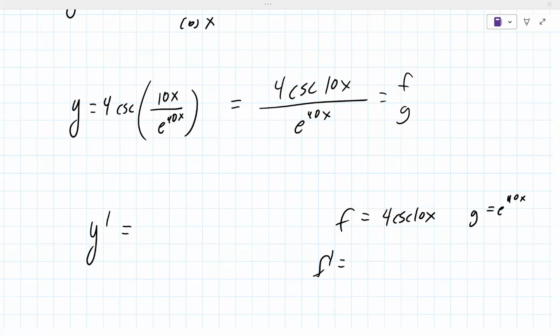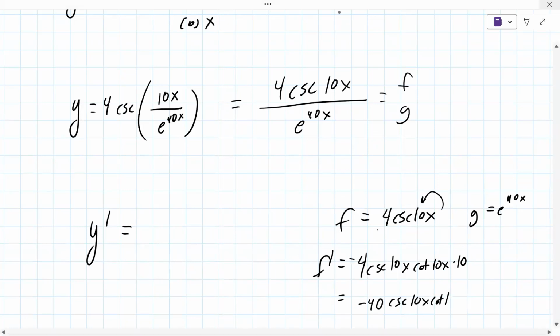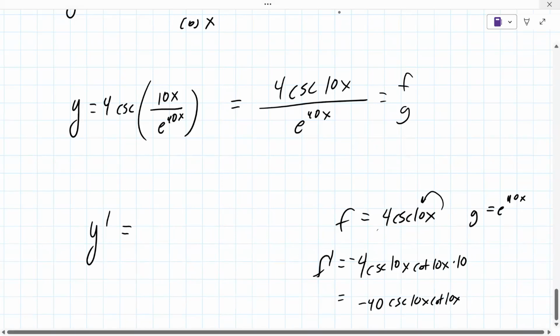But you keep the inside function, so it's 4 cosecant 10x cotangent 10x, but then you multiply by the derivative of the inside function. So when it says obvious simplification, negative 40 cosecant 10x cotangent 10x seems like a reasonable thing.